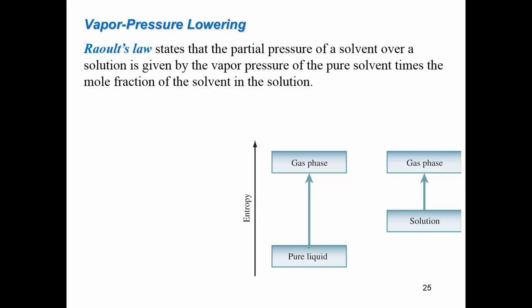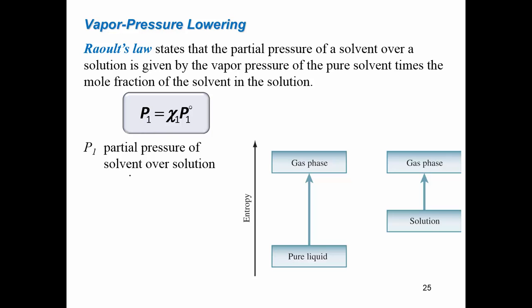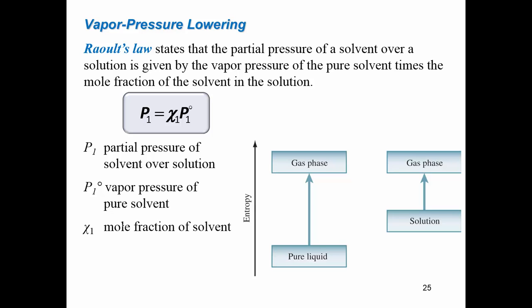Now, Raoult's law states that the partial pressure of a solvent over a solution is given by the vapor pressure of the pure solvent times the mole fraction. In letters, that's P1 equals X1 times P1 naught, where P1 is the partial pressure of the solvent, P1 naught is the vapor pressure of the pure solvent, and X1 is the mole fraction.